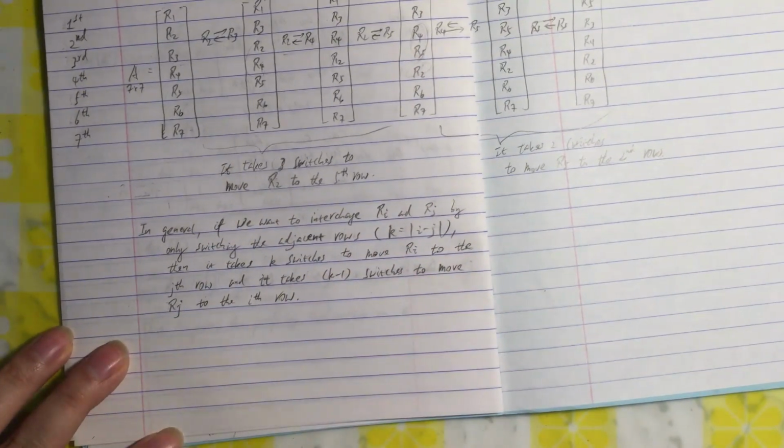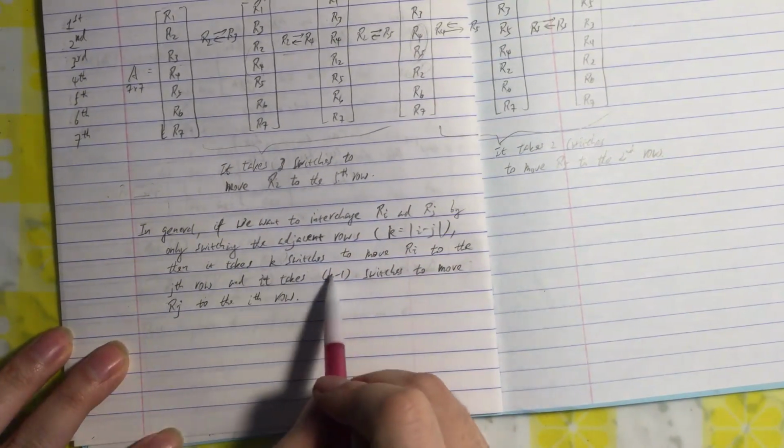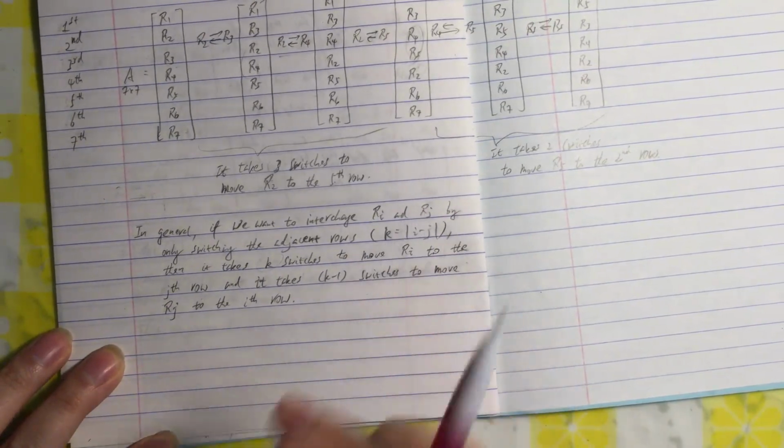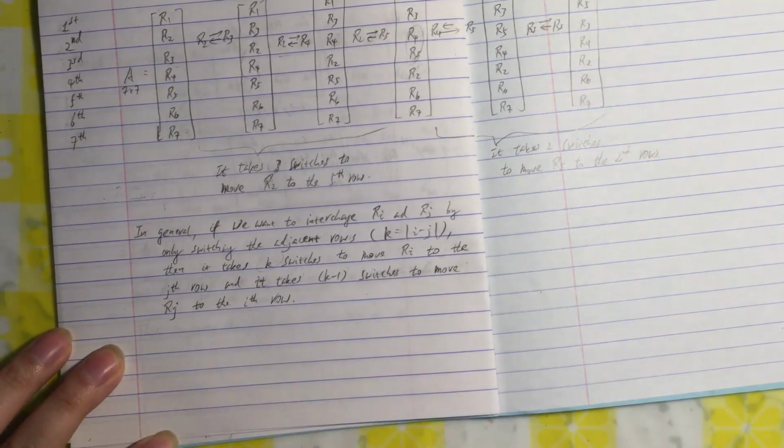So it totally takes K plus K minus 1 switches to interchange row I and row J by switching only adjacent rows.